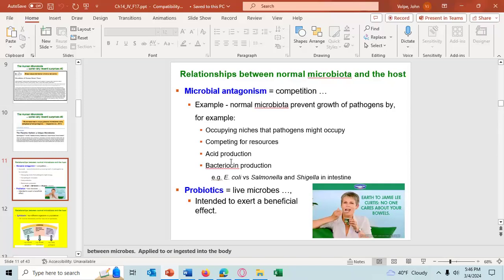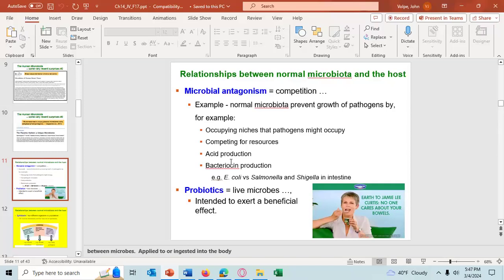Doesn't matter where the yeast is growing. If you eat live culture yogurt, you will be less likely to come down with a yeast infection. And it's because the bacteria and the yeast compete with the yeast. So you're much less likely to get the yeast infection.